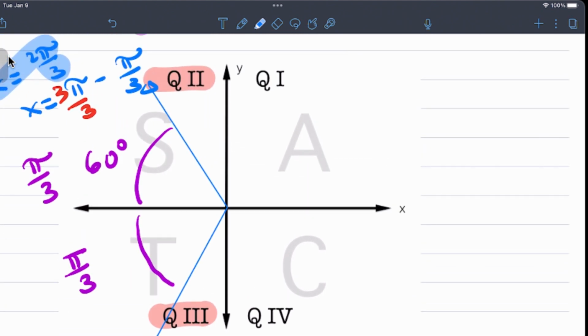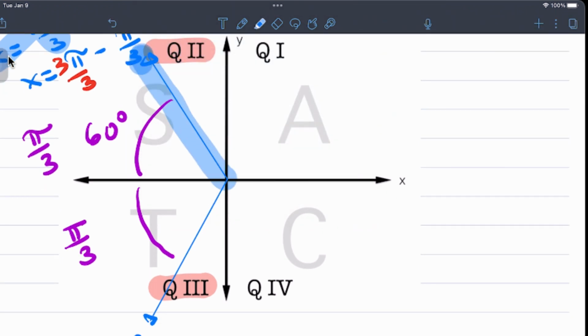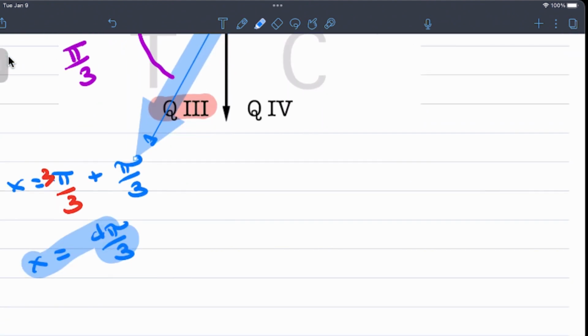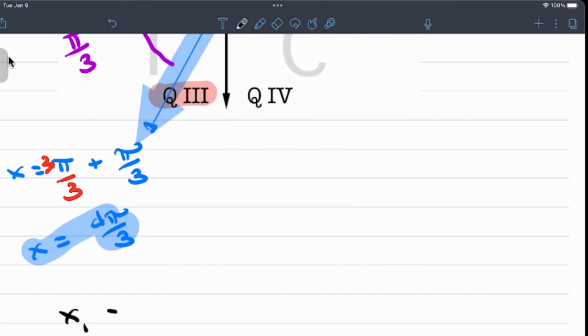So I just want to point out to you guys, we do not have opposite quadrant solutions for negative cosine, do we? These are not opposite quadrants. Therefore, for those general solutions, we do have to add the multiple of 2n pi to get all coterminal solutions.